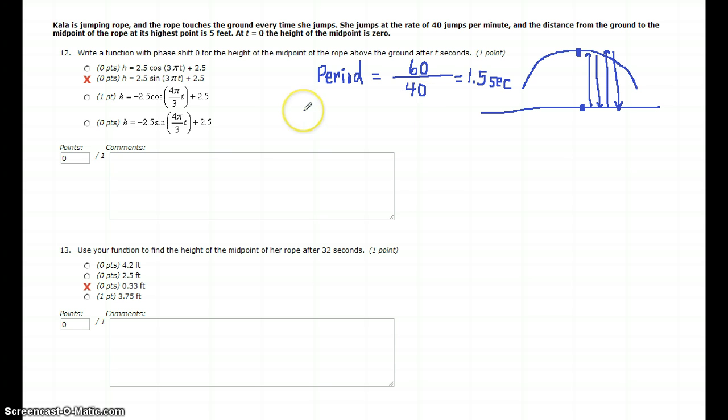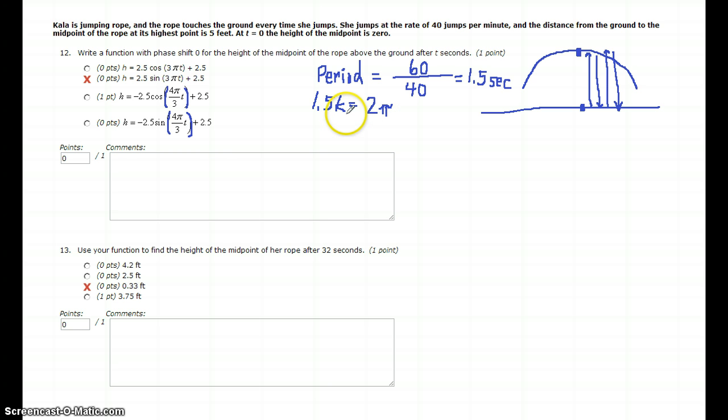Okay? Now, when we're trying to determine the argument that comes in after the sine or after the cosine, this value next to the t is called the k value, and the k value is going to be equal to the period 1.5 times k, and the period is always going to be 2 pi.